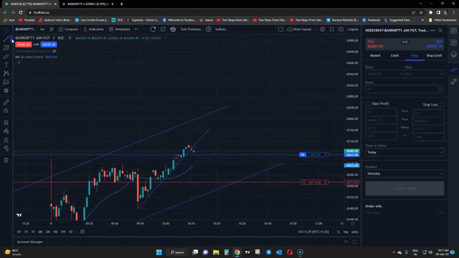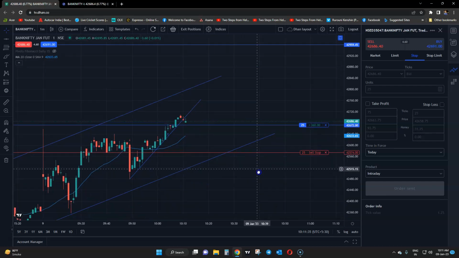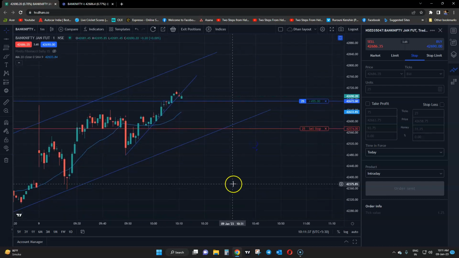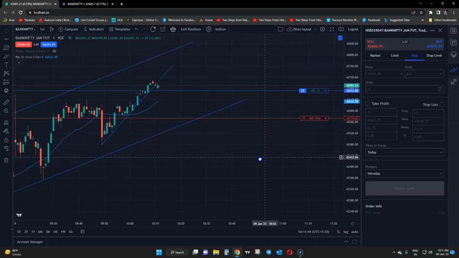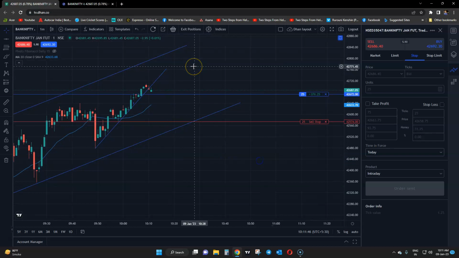This here. So what is the plan now? The plan now is to see this through, have some distance between the buy price and the spot price. Let's see if that happens.